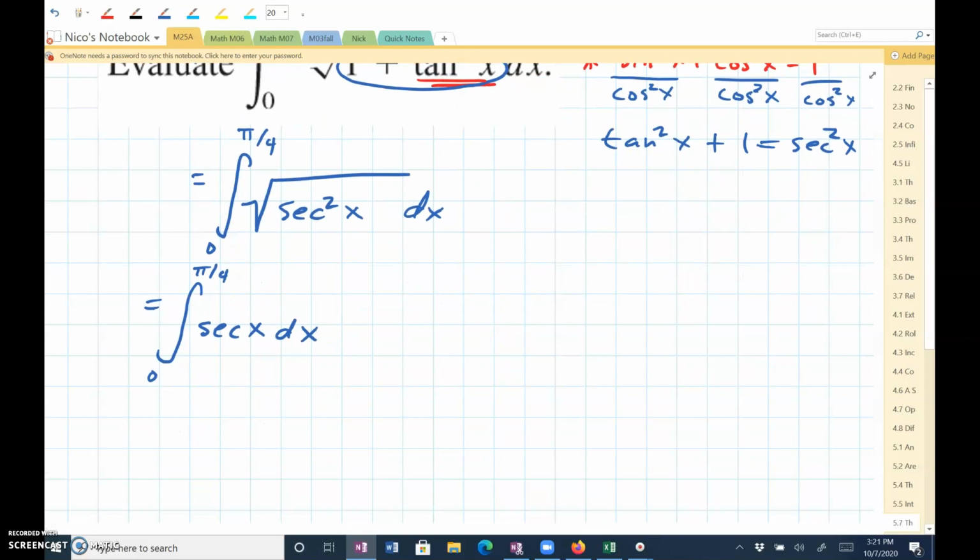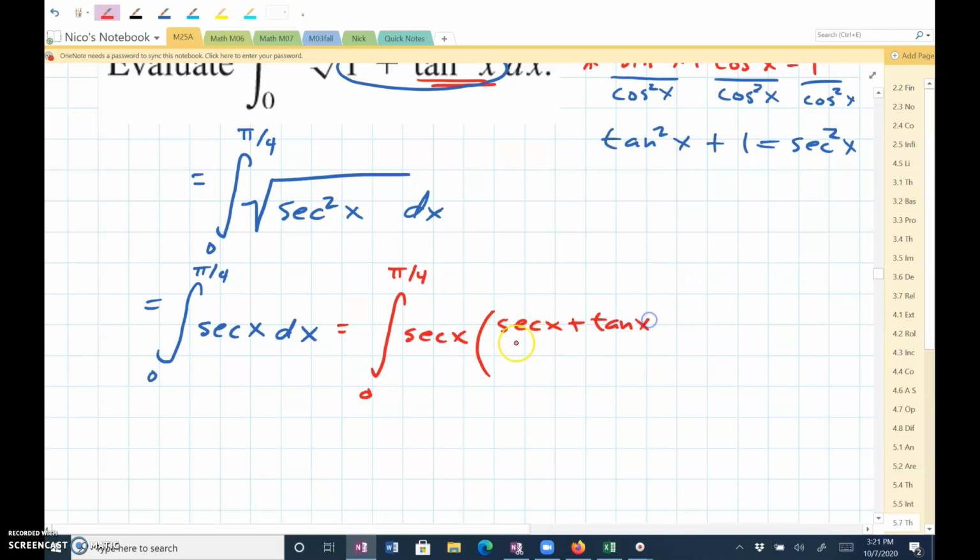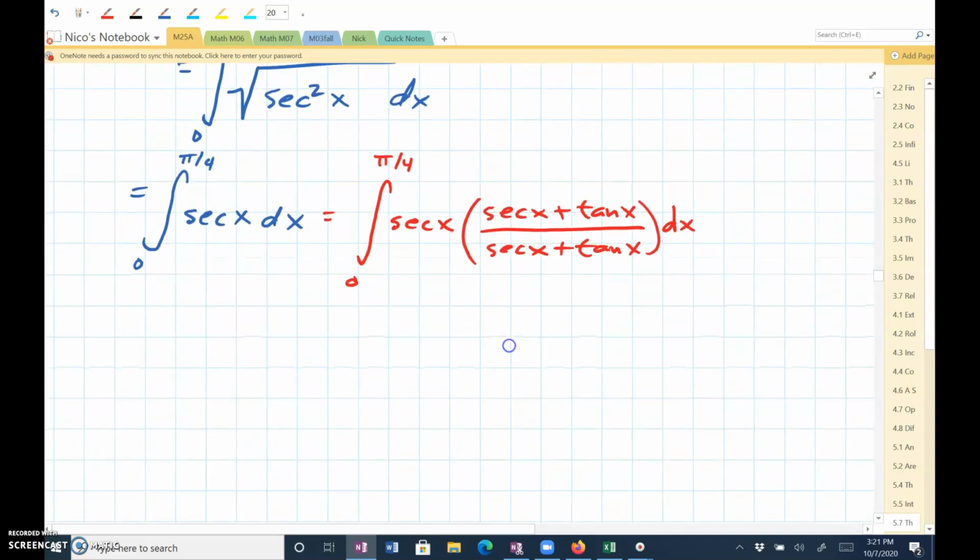And now this problem becomes like the last problem, where I'm going to use a special one. I'm going to multiply secant of x by secant x plus tangent x all over secant x plus tangent x dx.